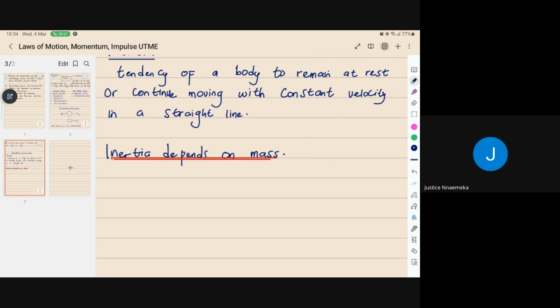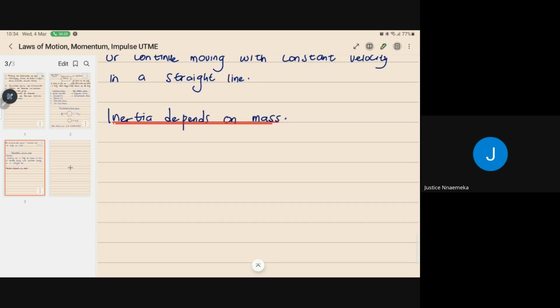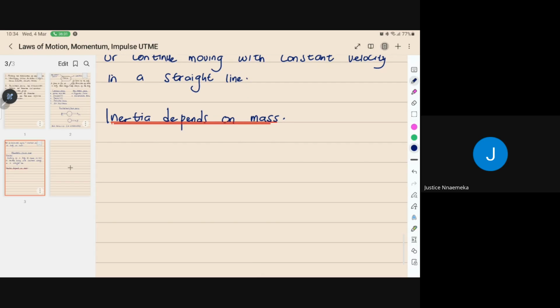So that's why it's expected that you don't carry so much weight, so many people distracting you, so many friends. The more the friends, the more the distractions. So more mass equals more inertia. That's the fact actually.